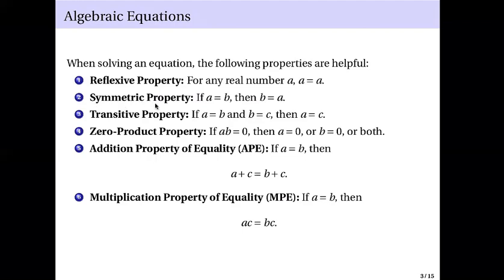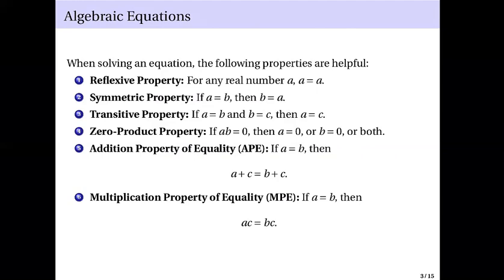Now, we have the symmetric property, and this means that if A is equal to B, then B is equal to A. You can think of this as, say, maybe Alice and Bob are siblings.